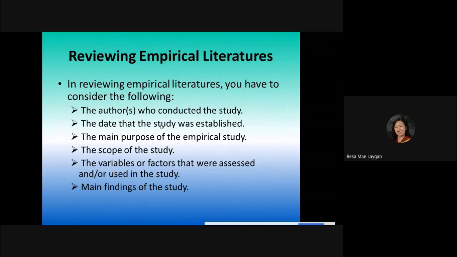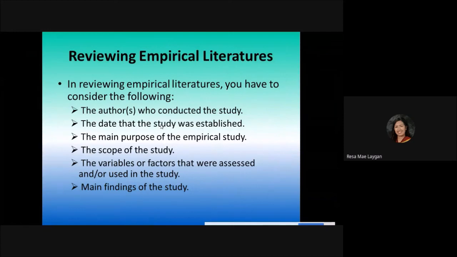So when the reader reads your empirical literature, there are comparing and contrasting among empirical studies. It will increase the curiosity of that reader to find out, on this research paper, what will be the result?